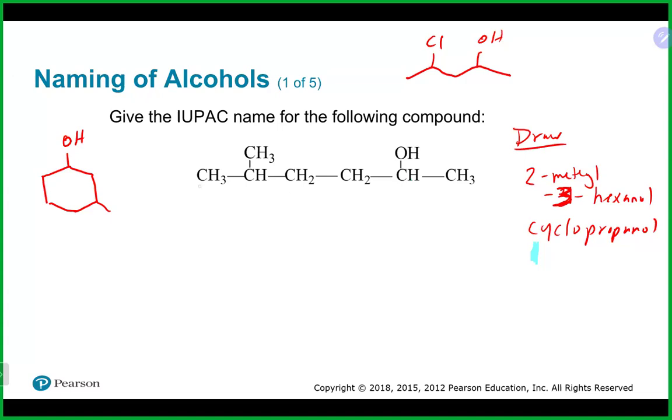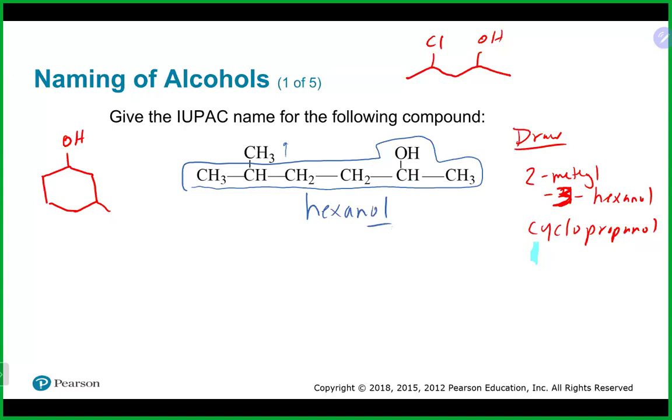First one looks like 6 is the longest. You can get 6 straight across here. It has the OH group on it. By the way, you could have also gone upwards here to get to 6. It doesn't really matter. So I can go 6 there. That is going to be hexane. It does have an OH group, which is going to make it hexanol in this case. We do want to give the OH group the smallest number, so just looking at it, we should probably number in this direction, and that will accomplish that.